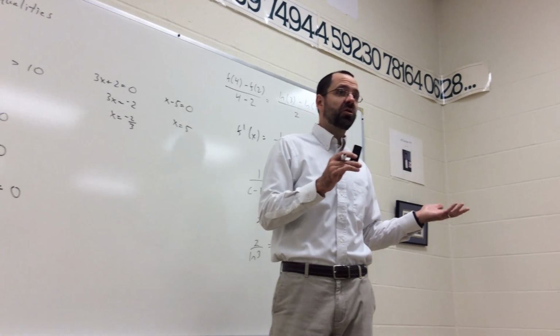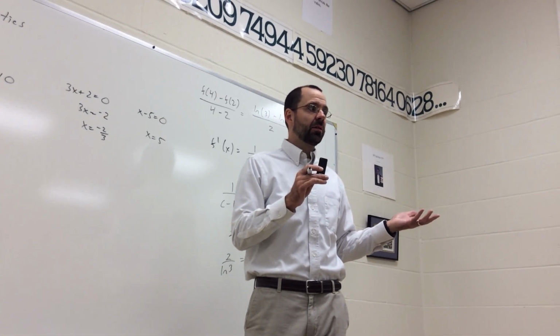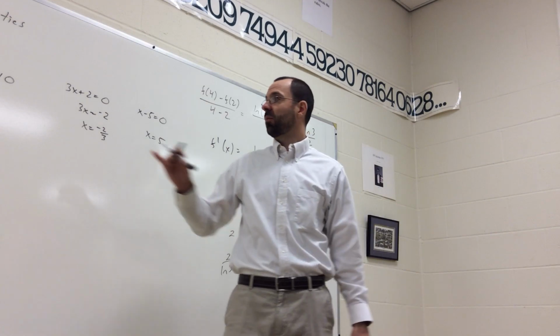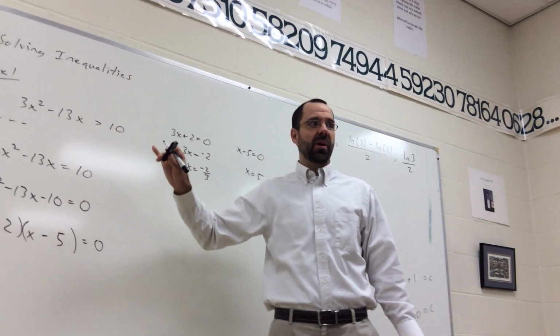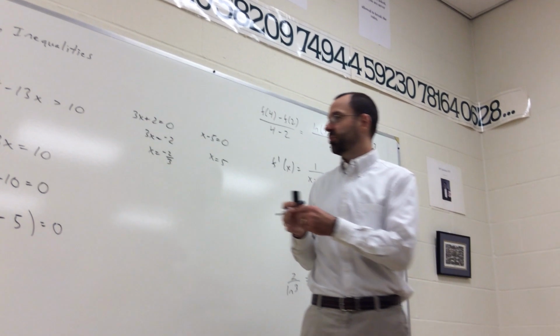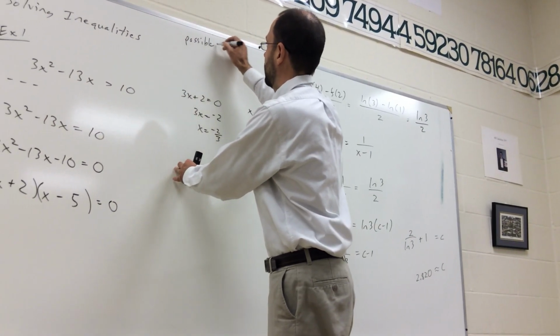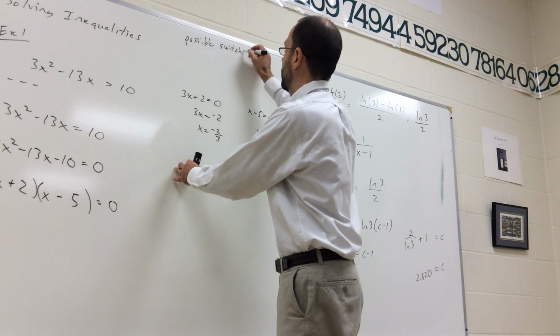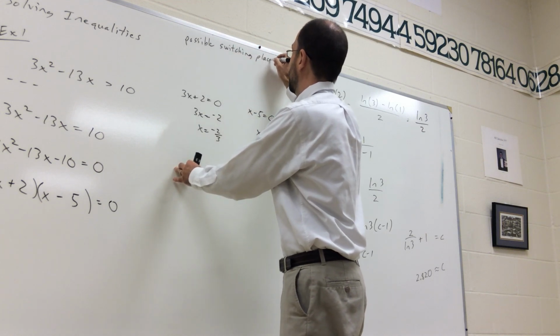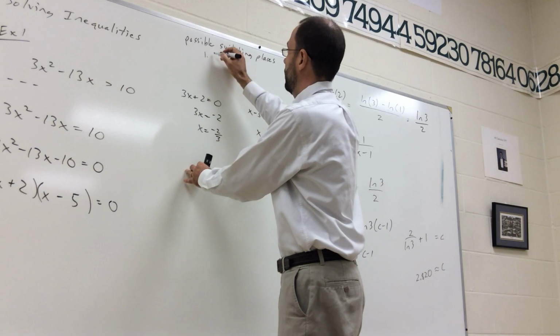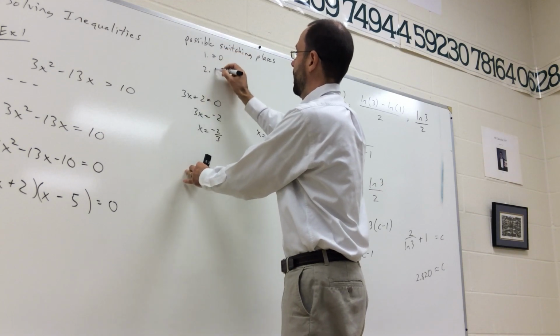And also it could switch when it's undefined. But this problem isn't ever undefined, so I don't have to worry about it. So maybe let's write this down. Possible switching places are when it equals 0 or when it's undefined.